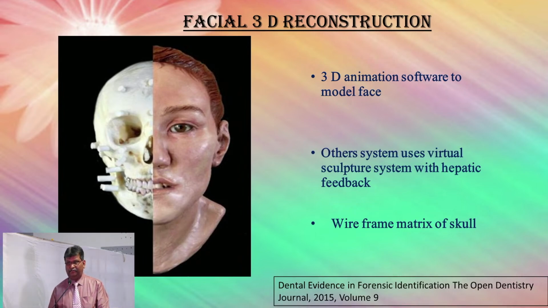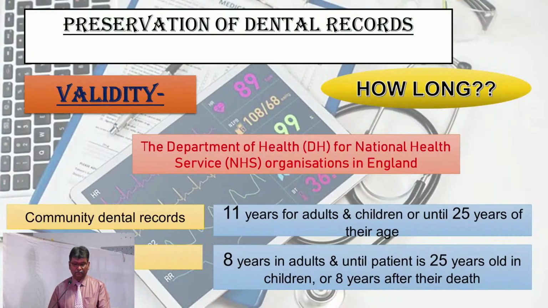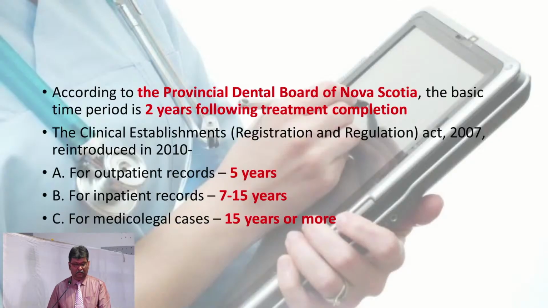If you find any skull, you can create clay over it and build the facial structure, which can be imported into software and scanned. You can easily identify whether the skull belongs to a male or a female, and sometimes you can estimate the age also.